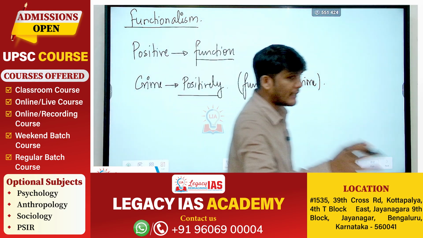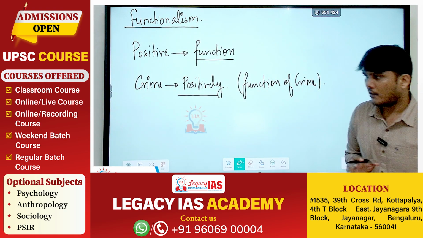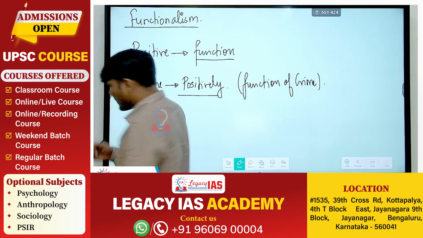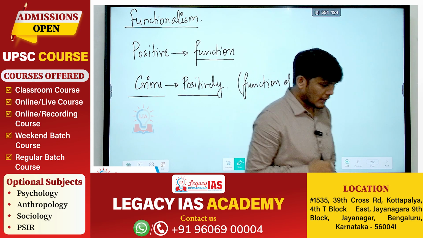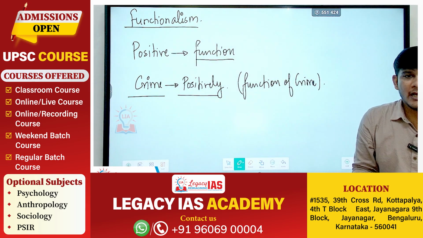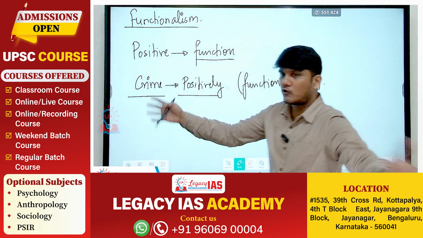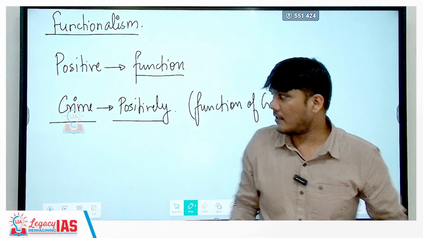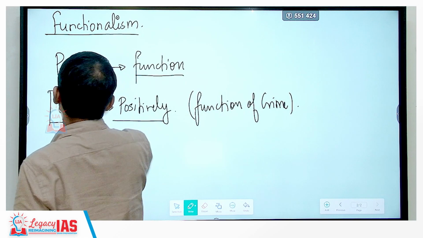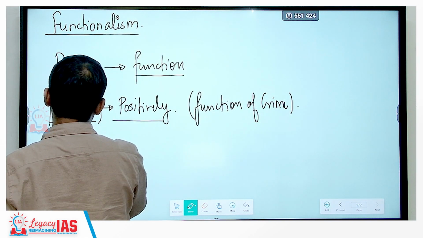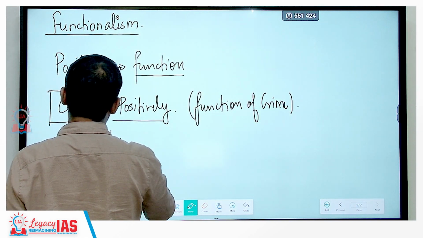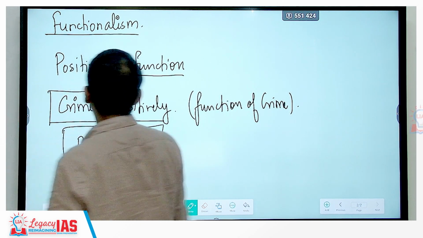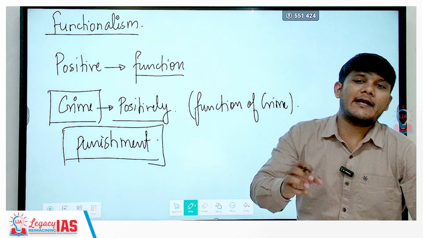Yes, there actually is. When a crime happens, a punishment follows. When the punishment follows, it deters others from doing crime. So there is a functionalist aspect to the crime also, and to the punishment also, in the same manner, the functionalist aspect of anything and everything.